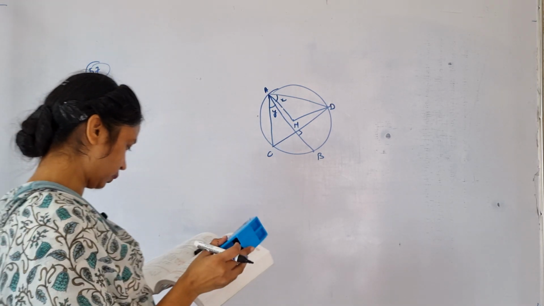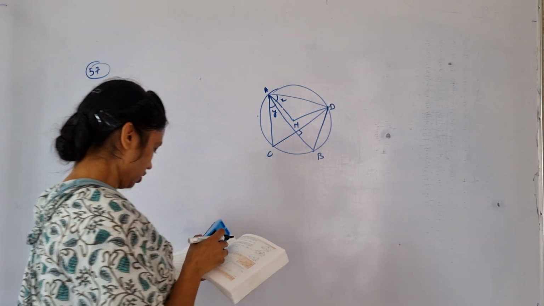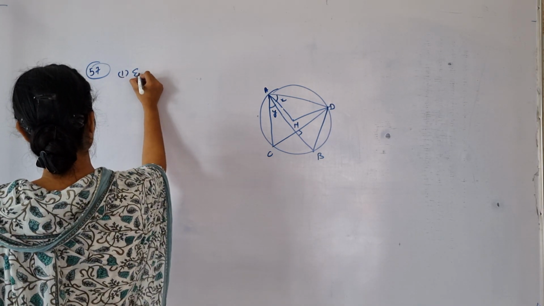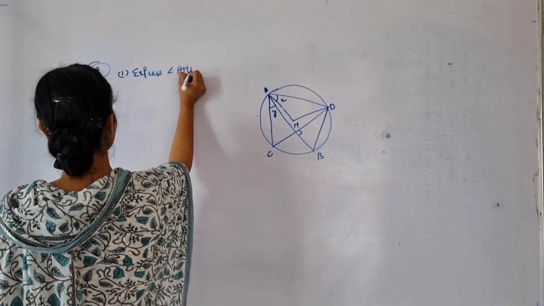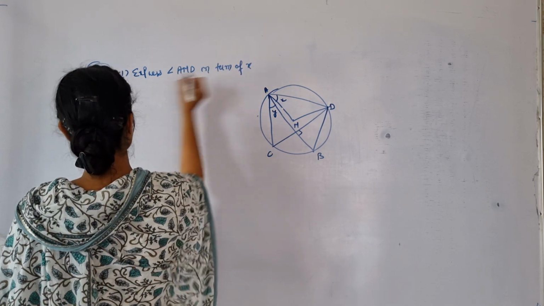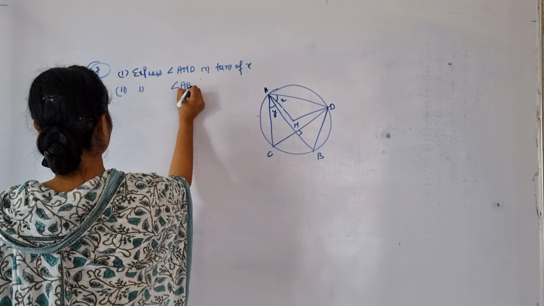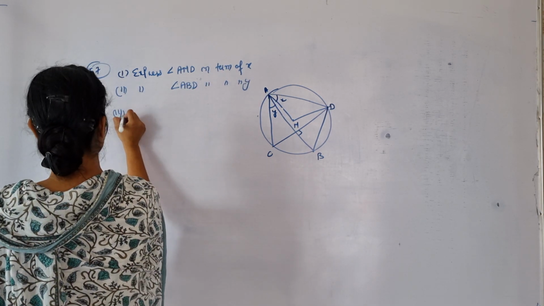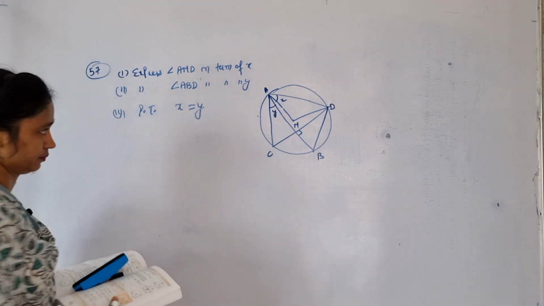Okay, what else they have joined this also. Okay, 3 points are there. First, express angle AMD in terms of x. Second, express angle ABD in terms of y. Third, prove that x is equal to y.